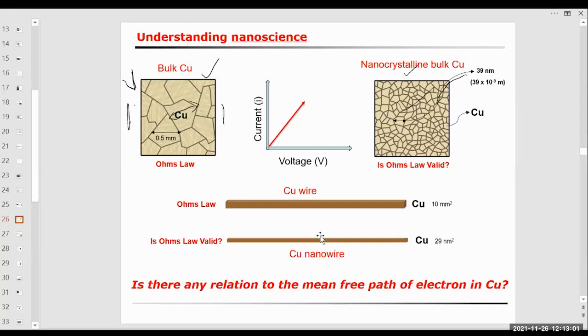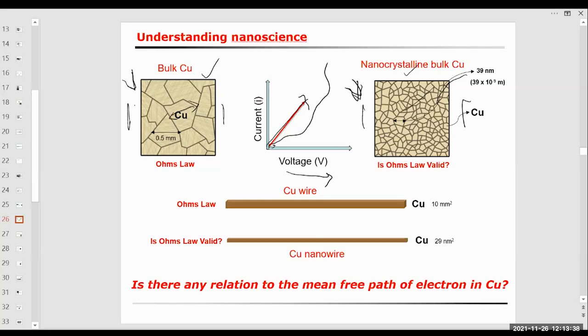With the science and knowledge we have, we know that if we drop a potential V, increase the potential and measure the current, the relation between current and voltage will be linear. Now I do the same experiment on the nanocrystalline copper. I drop a potential V and measure the current by varying the potential. In this case the current will not be linear; it will behave in a peculiar fashion.